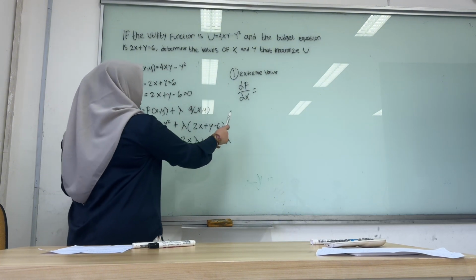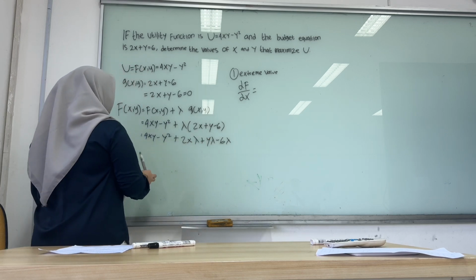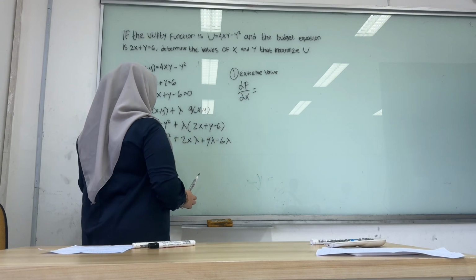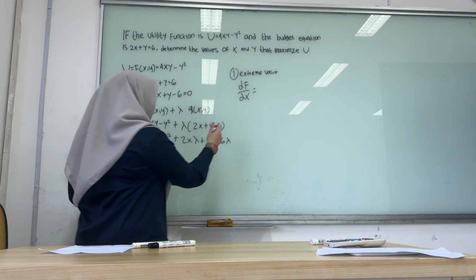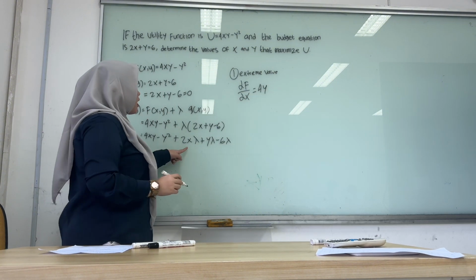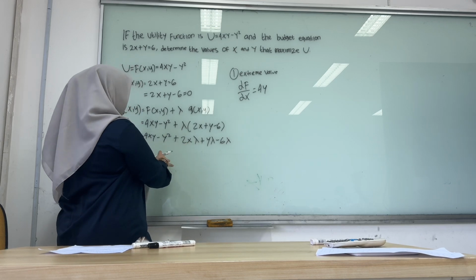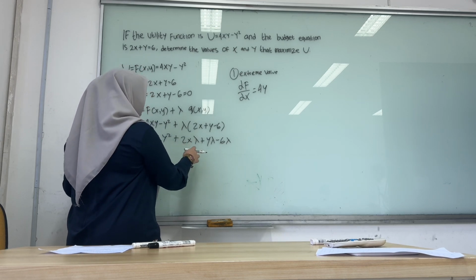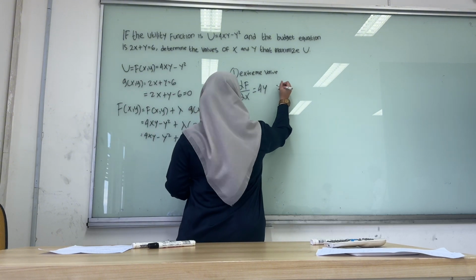If we want to find dou f per dou x, we need to close x. So for xy it is 4y, and then from this we need to find the x variable. So here 2x lambda means 2 lambda.